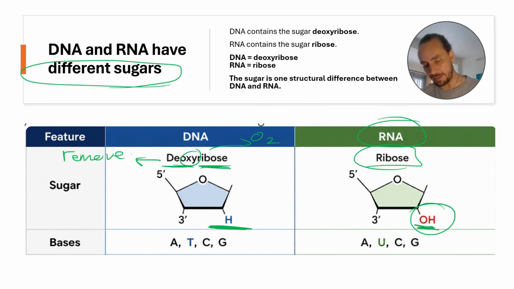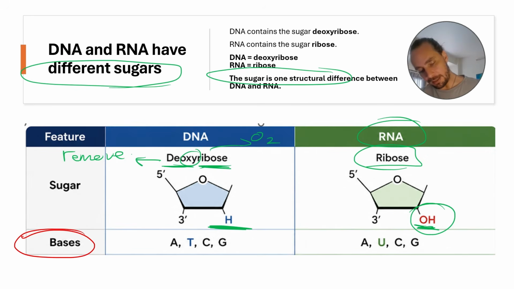So the sugar is one structural difference. And then the difference in the bases is that DNA has thymine and RNA has uracil. Here we have an AT connection and here we have an AU connection.